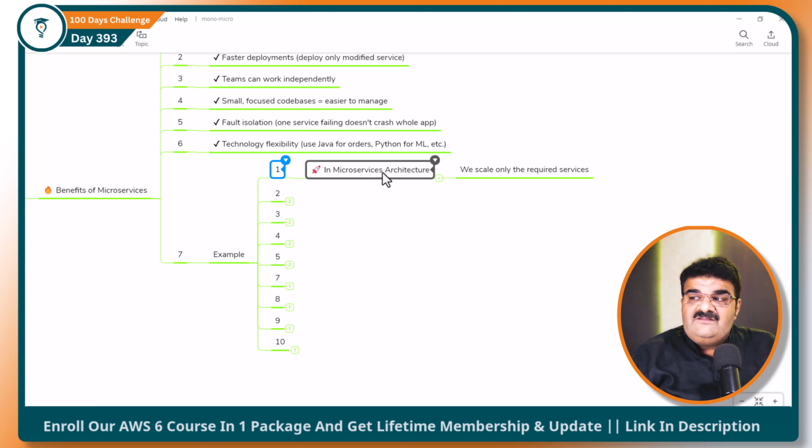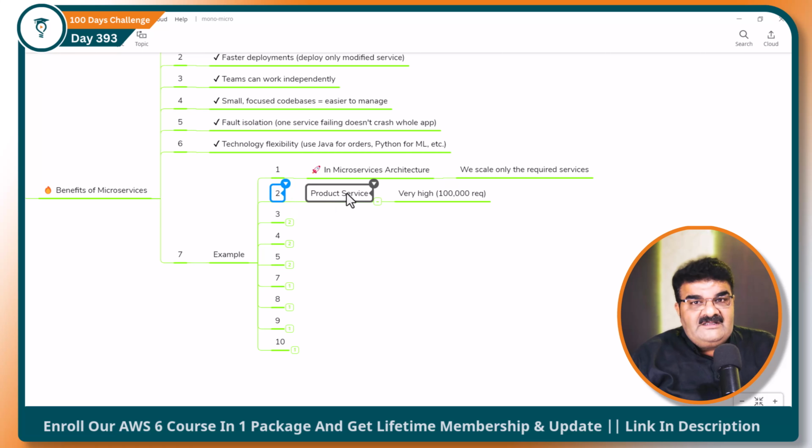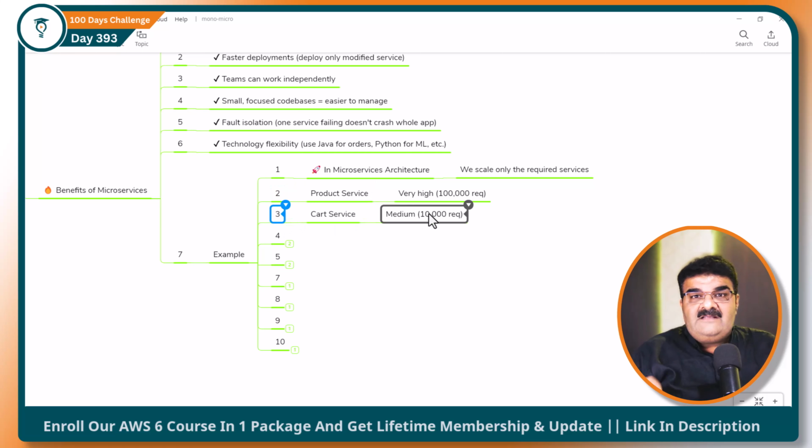So in microservice architecture, we scale only the required service. For example, let's say Amazon has a product page. 100,000 users are going to visit the product page, but it is not compulsory that everyone is going to buy a product, right? So out of 100,000, only 10,000 people are actually adding a product into the cart.